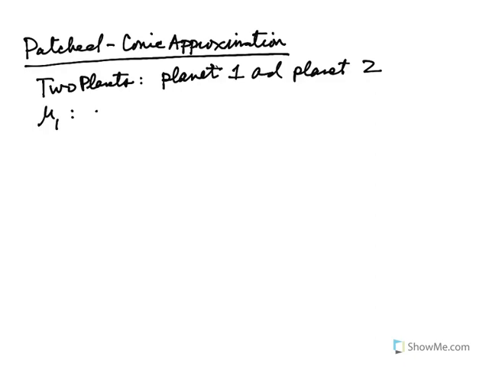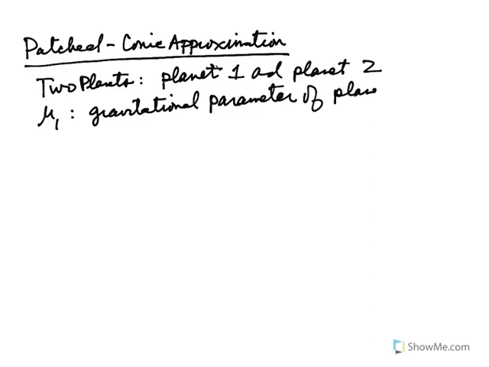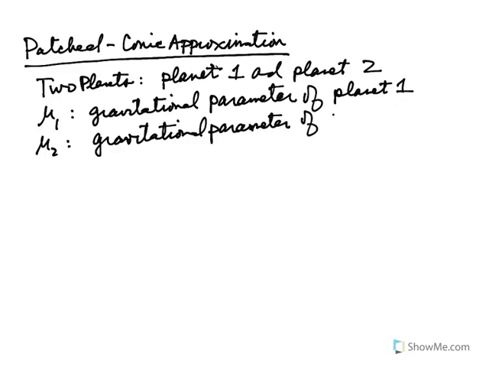Mu1 is going to be the gravitational parameter of planet 1. And then mu2 is going to be the gravitational parameter of planet 2.